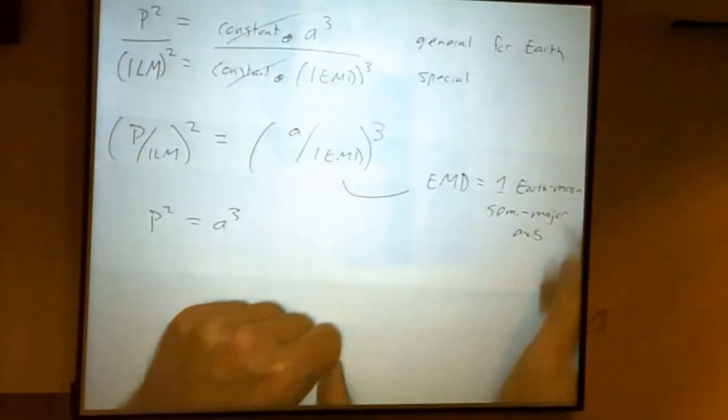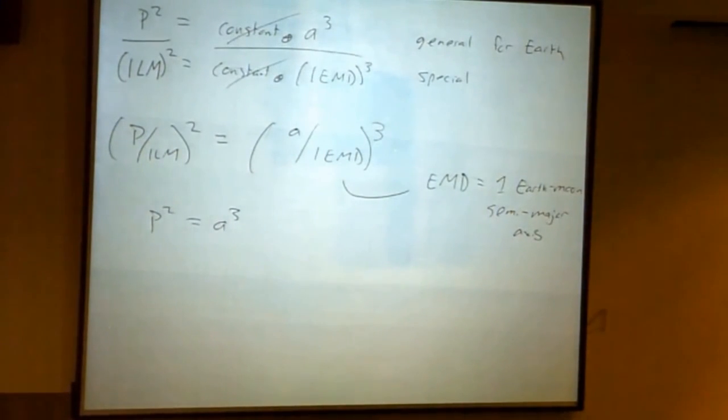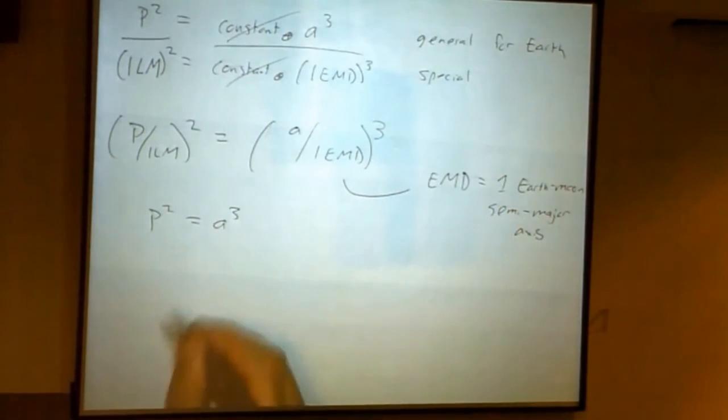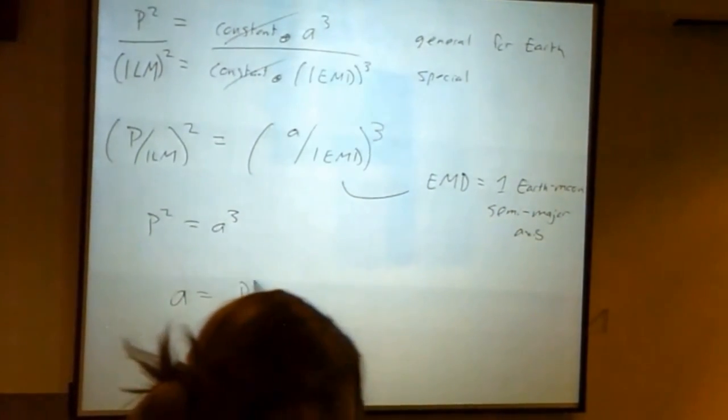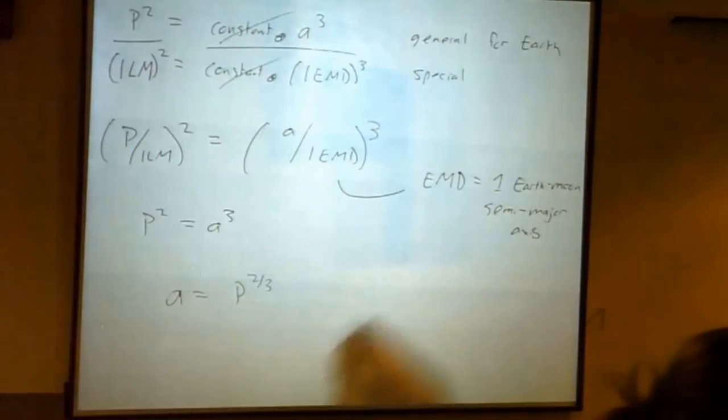Just to be consistent. I should say you could do this for things going around Jupiter. We have a spacecraft there called Galileo. It's not in use anymore, but it's still out there. If I tell you how long it takes to go around Jupiter in Io months, Io is one of the moons of Jupiter, you could then calculate how far it is from Jupiter in Io distances. Just do one example here. Let's take a equals p to the 2/3, going around Jupiter.